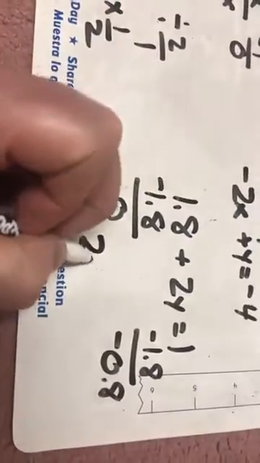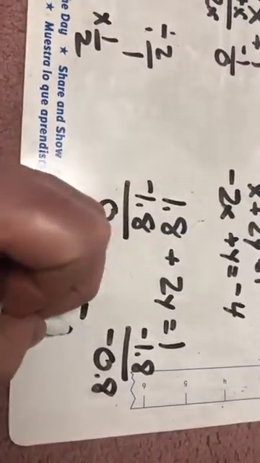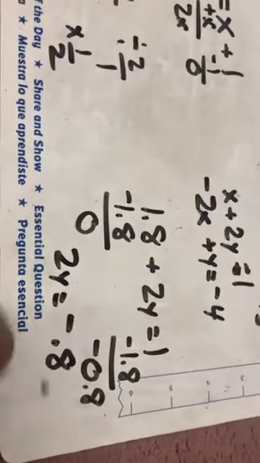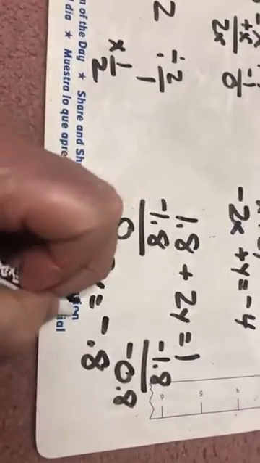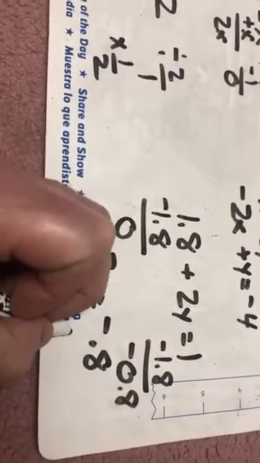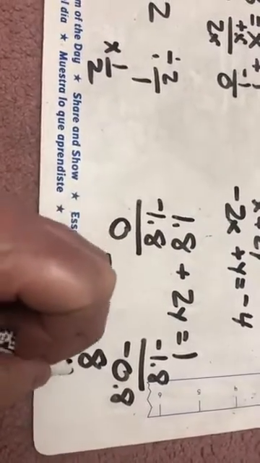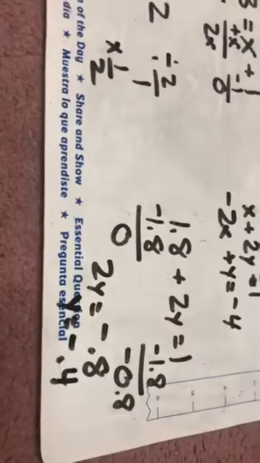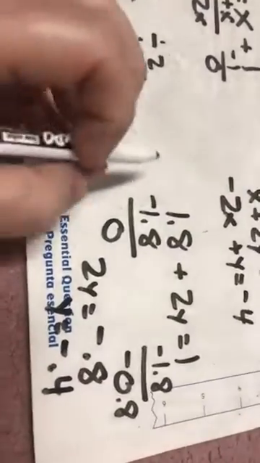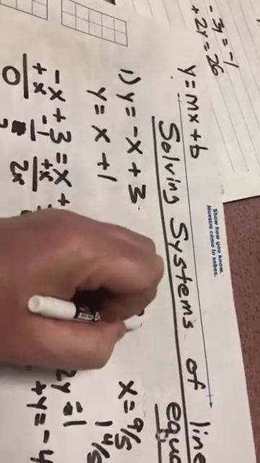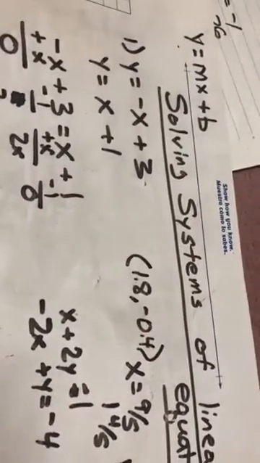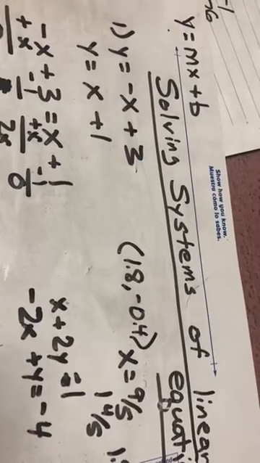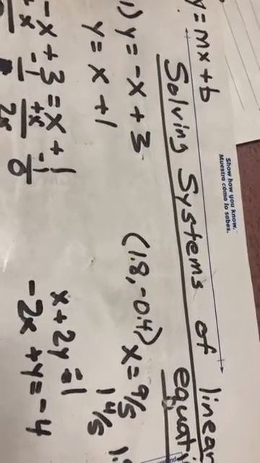That tells me now that 2y equals negative 0.8. If I punch into my calculator negative 0.8 divided by 2, I'm going to find that y equals negative 0.4, which means my ordered pair is going to be 1.8, negative 0.4, which is the same answer that my answer key has.